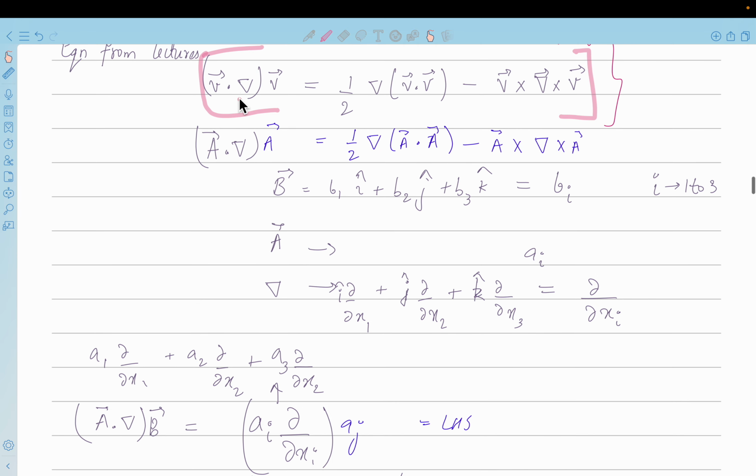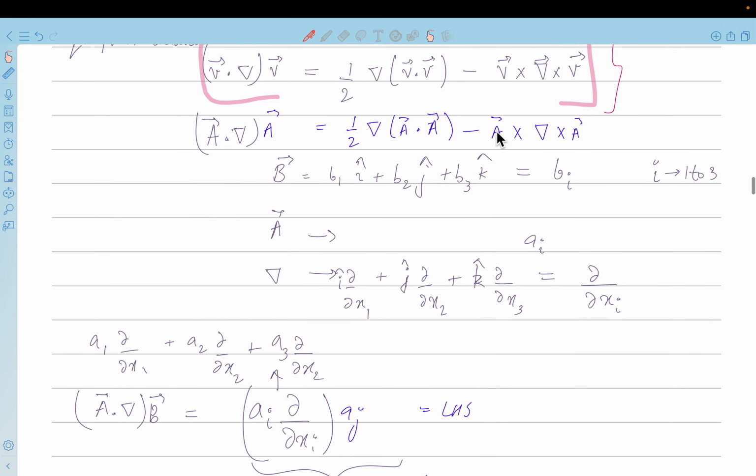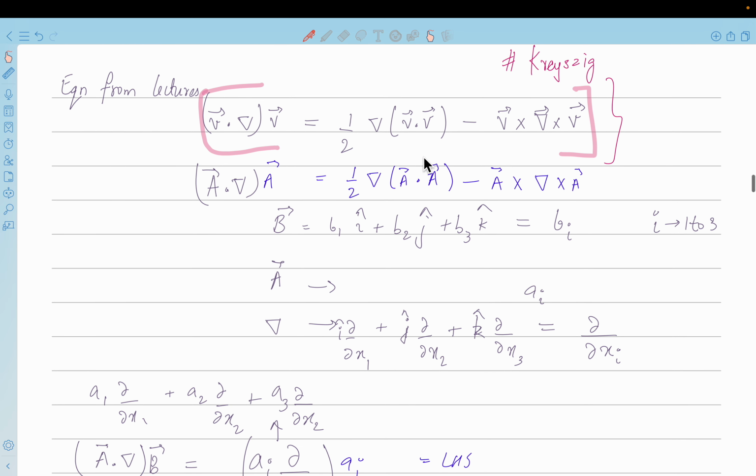So v dot grad v, here the same rules as the dot product will apply, and wherever you have the cross, the same rules as our cross product will apply. Now this is slightly more involved because you have two cross products.